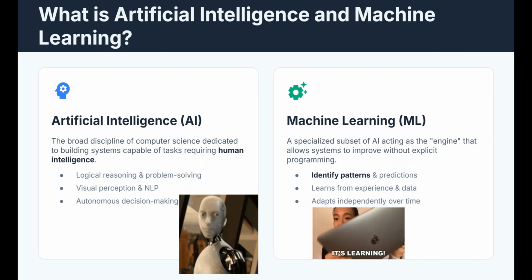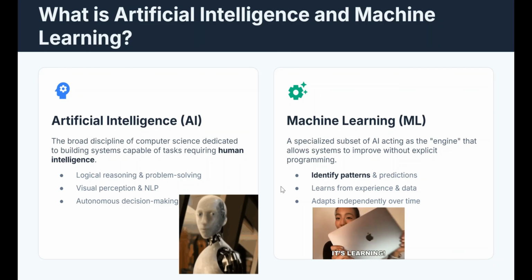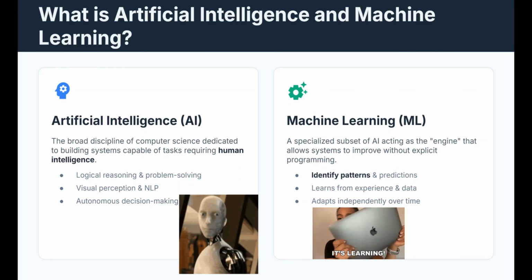Now onto machine learning. Machine learning serves as a specialized subset of AI and acts as the engine that allows these systems to improve without being explicitly programmed for every possible scenario.